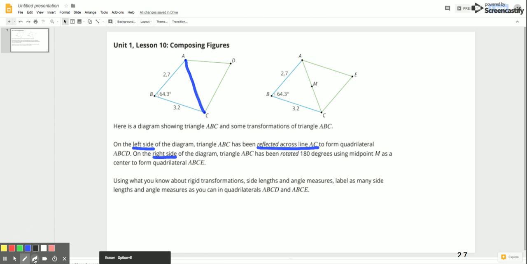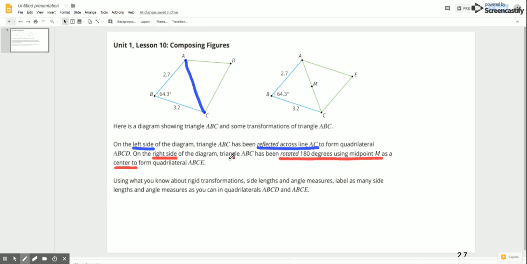And then let's go ahead and switch colors. I'm going to try to switch colors, that way you know what we're talking about. Okay, so on the right side, that's this quadrilateral. Triangle ABC has been rotated 180 degrees using midpoint M as the center.